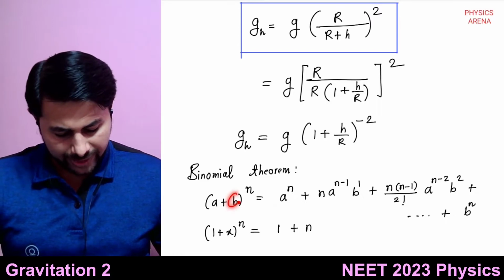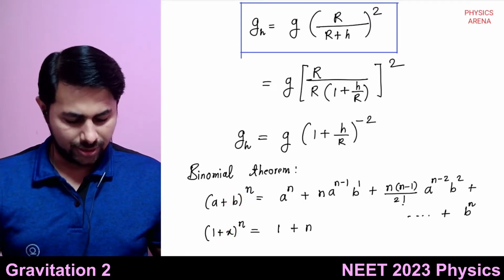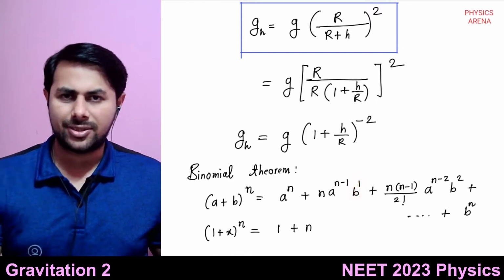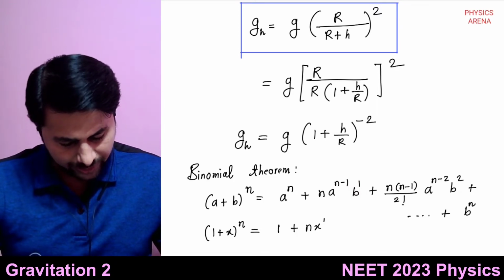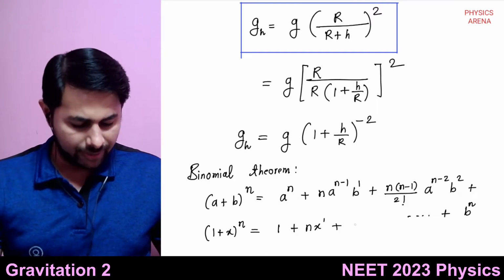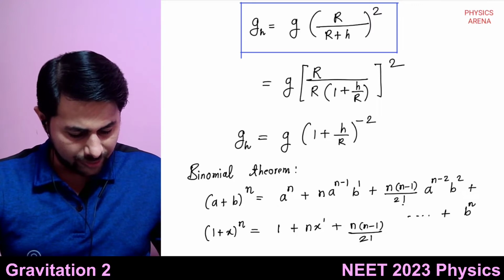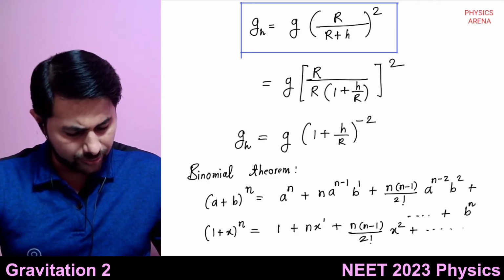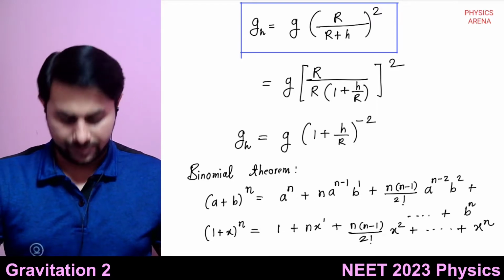Okay, then b is equal to x, right? Here we have b raised to 1, so it will be x raised to 1, right? Plus you will have n multiplied by n minus 1 upon 2 factorial multiplied by x raised to 2 plus so on and so forth. You will have up to x raised to n.